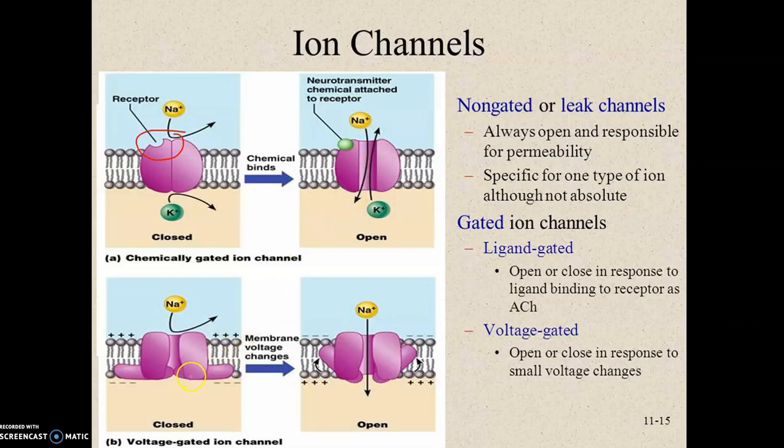And you can see here, this is a voltage gated channel that when there is change in voltage, the gate will open and the specific substance, the specific ion, can pass through the channel.